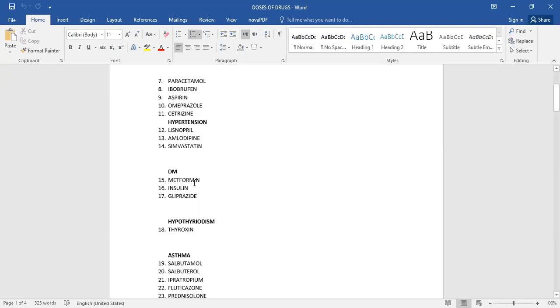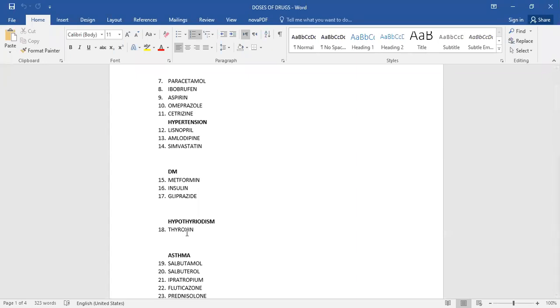For the diabetes, metformin is 500 milligram or 1 gram. Insulin, we will discuss in detail later on. Glipizide is a sulfonylurea. For hypothyroidism, you give thyroxine. This is in micrograms, 500 mcg.